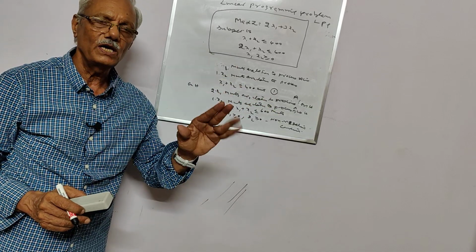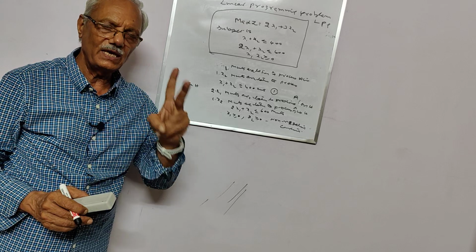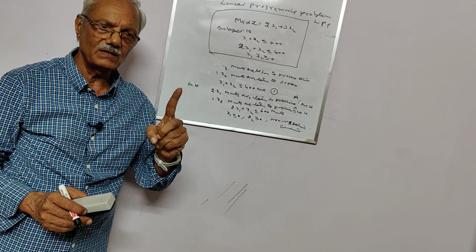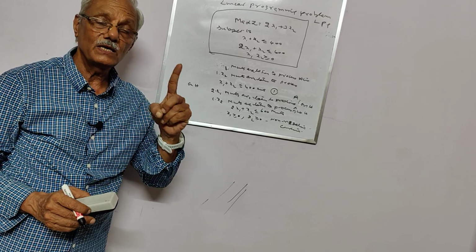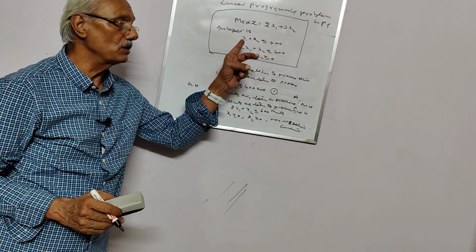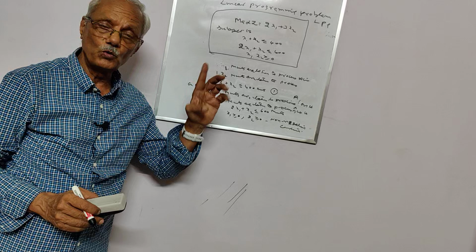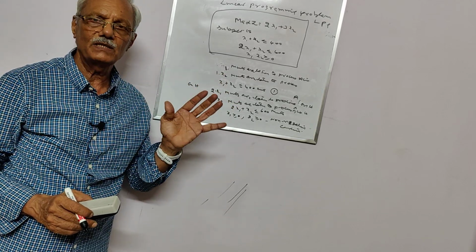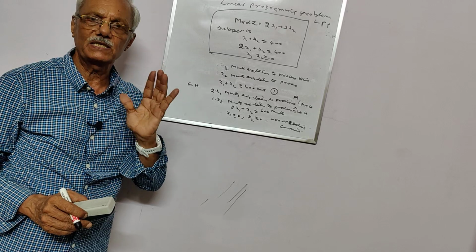This can be solved in two different methods. One is the graphical method and another is the simplex method. The graphical method can be used here because it is two-dimensional. If it is more than 2 dimensions, it cannot be solved using the graphical method. We have to use only the simplex method.